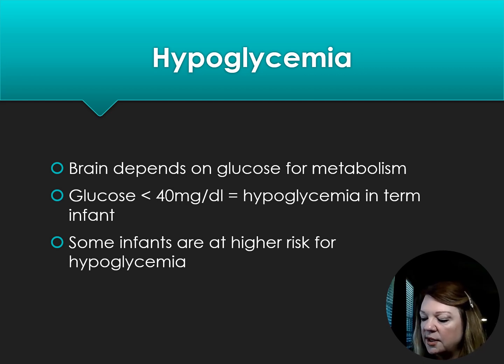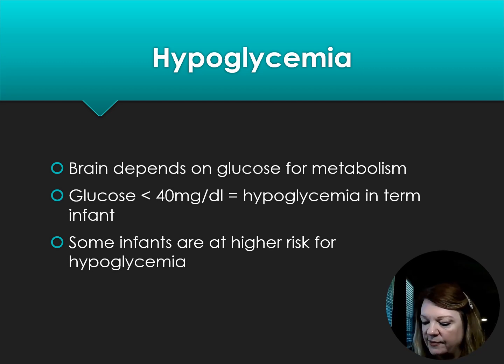Infants whose mothers took ritodrine or terbutaline to stop labor, interestingly, are at risk for hypoglycemia. Okay, so those are things we have to look for. So again, the brain does depend on glucose for metabolism. So the infant is fed formula or breastfed if their blood sugar drops below 40. So 40 is the key number for what their glucose should be at least. If they're less than that, we do want to feed them formula or have them breastfeed. Okay, breastfeeding should start immediately.